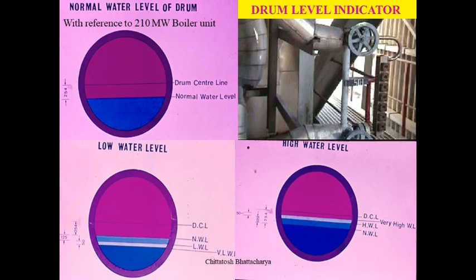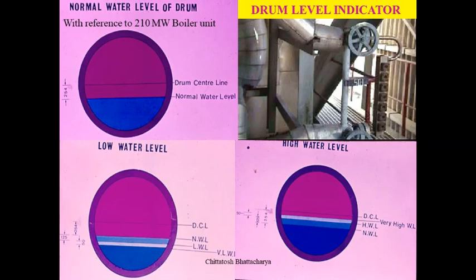Low water level can create starvation in the water walls. By starvation we mean loss of availability of water within the water wall water-steam mixture, and that may burn out the water wall tubes, and it may cause tube leakages. So we have to see how we can safeguard. That's why a tripping arrangement is also there.